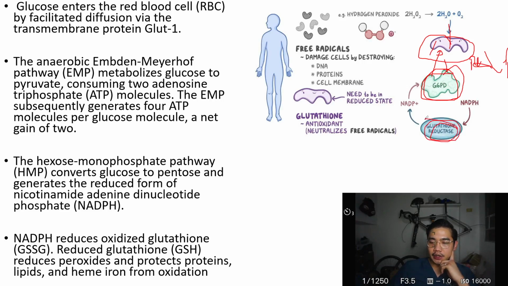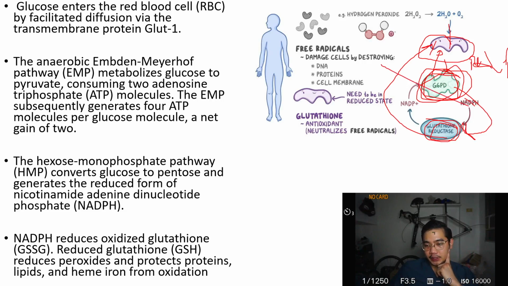The enzyme that will lead to the reduction of glutathione reductase via the formation of NADPH is what we call your glucose 6-phosphate dehydrogenase, or G6PD.